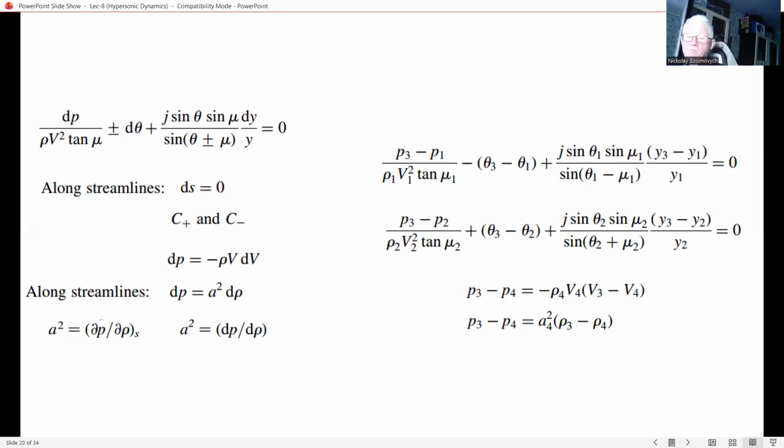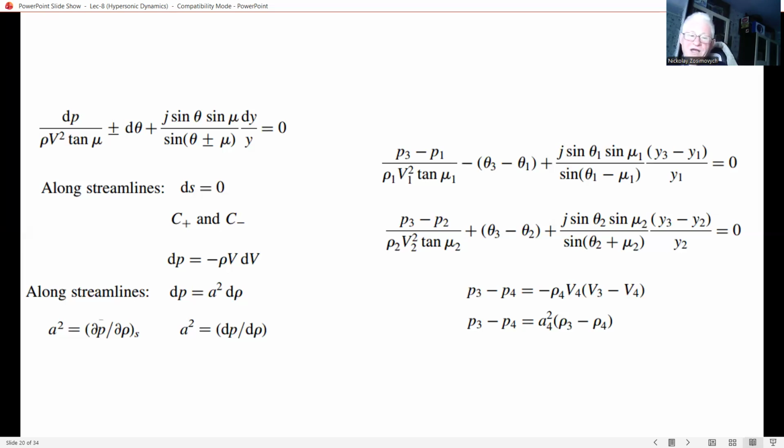The locations of points 3 and 4 are known too from steps 2 and 3, right? And hence, y3 must be known too. And thus, all our right-hand equations are 4 algebraic equations that can be solved for the 4 unknowns: P3, theta 3, V3, and rho 3.